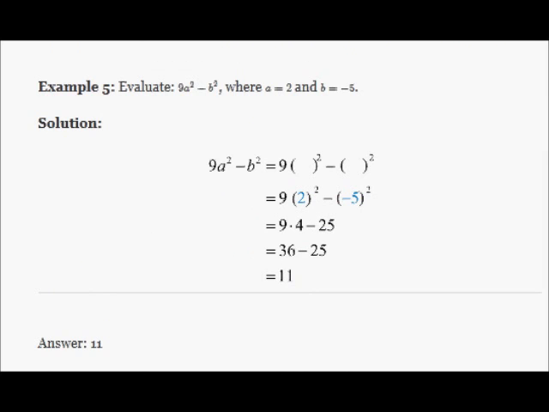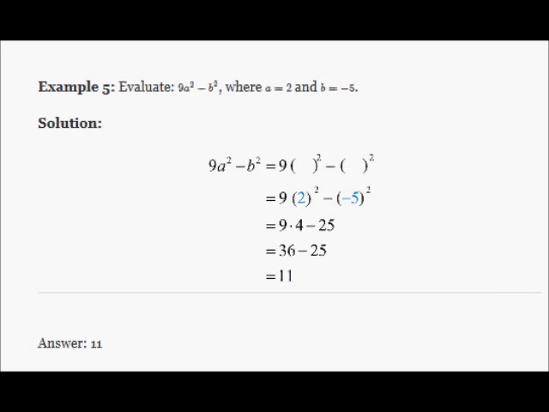Evaluate 9a squared minus b squared, where a equals 2 and b equals negative 5. Okay, so 9 times something squared minus something else squared, where the first something squared is a squared and the next something squared is b squared. So 9 times 2 squared, well, what's 2 squared?